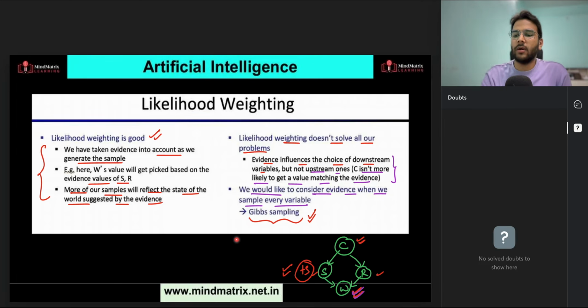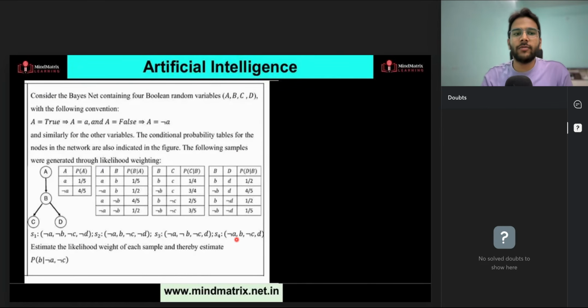Crystal clear? Okay. So now we are going to solve this question that was there in the mock paper of GATE 2024. Very, very rare chance, let's say 1% chance, that they may ask a basic 1 mark question from rejection sampling.